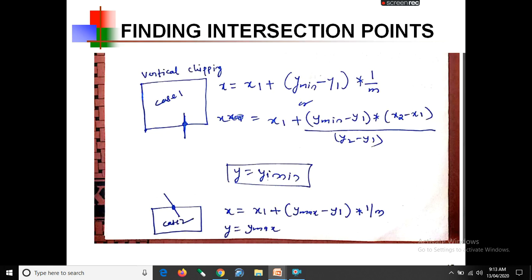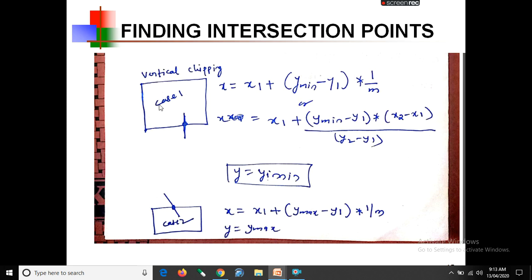Here I wrote case 1 and case 2 for vertical clipping. When the line crosses the bottom edge of the clipping window, it is case 1. When the line crosses the top edge of the clipping window, it is case 2.